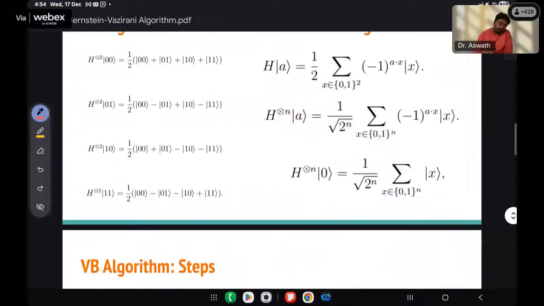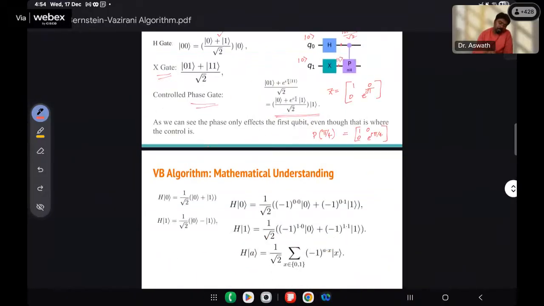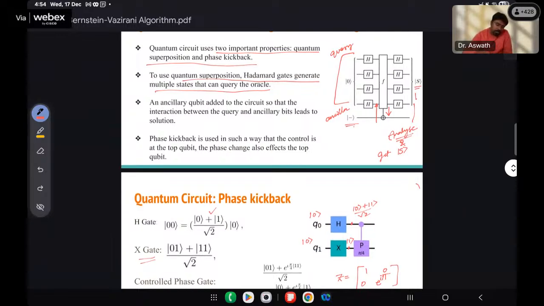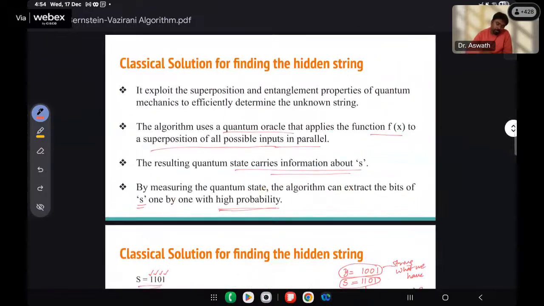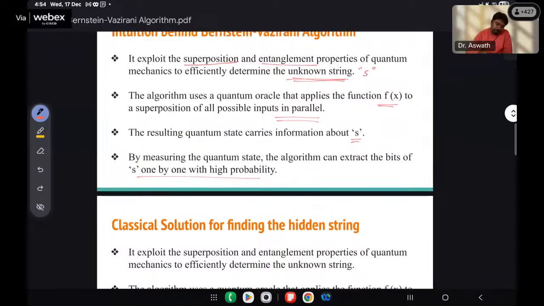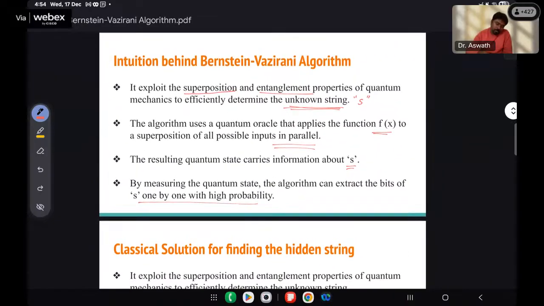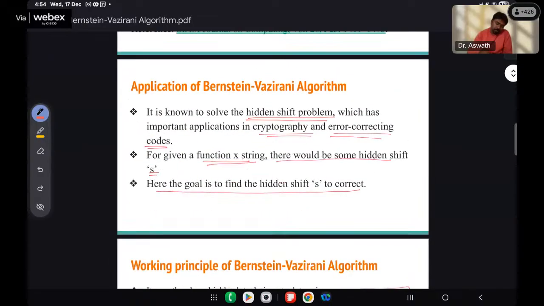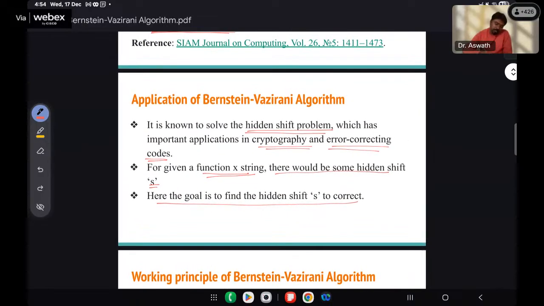I mentioned that here somewhere. Yes, error correction and cryptography.